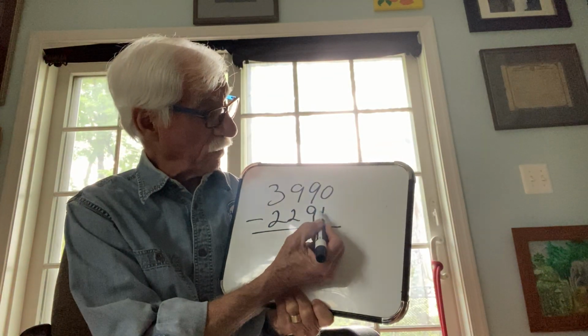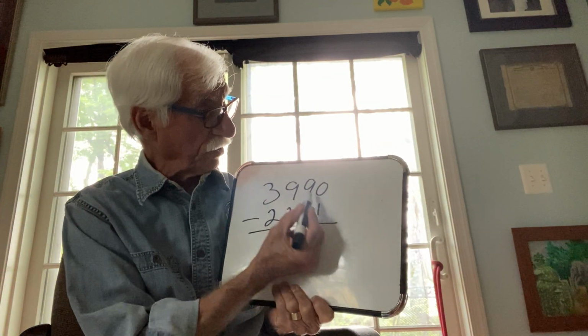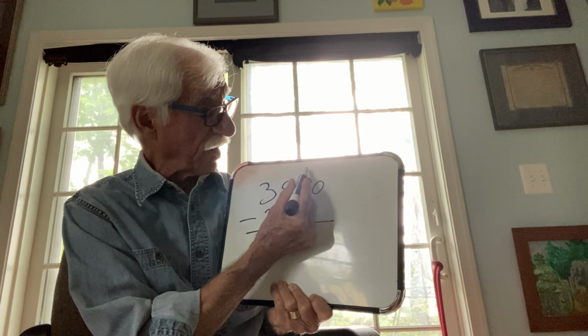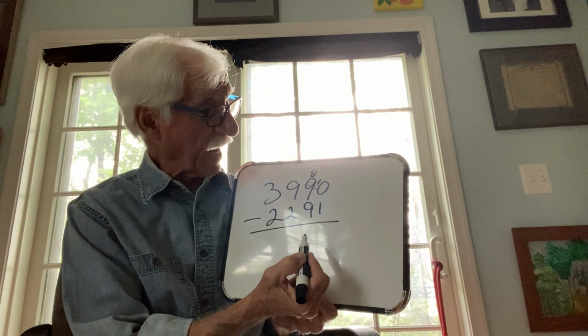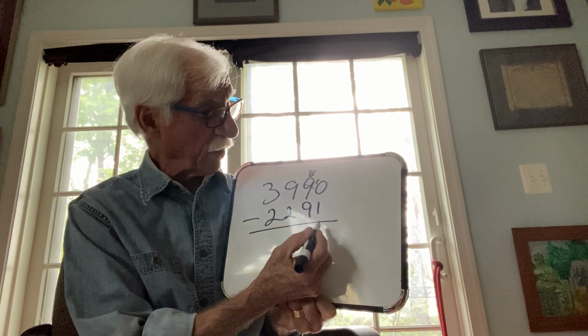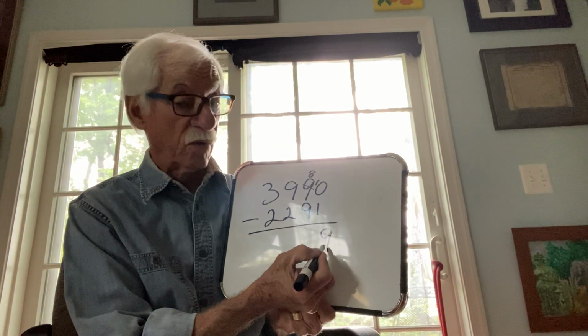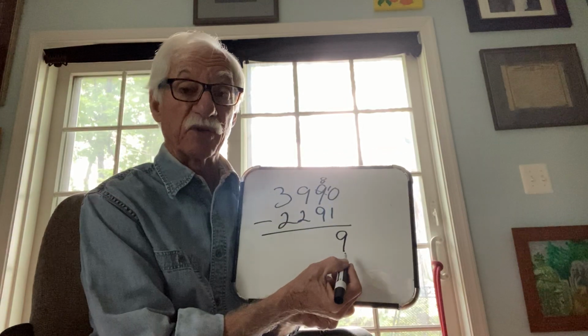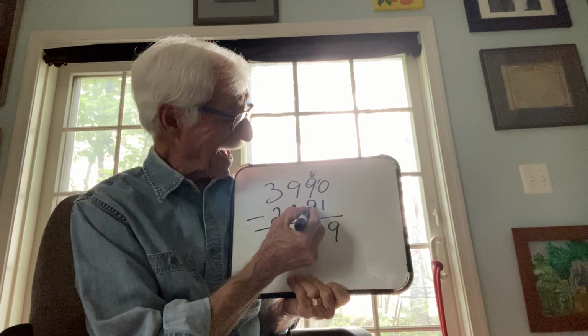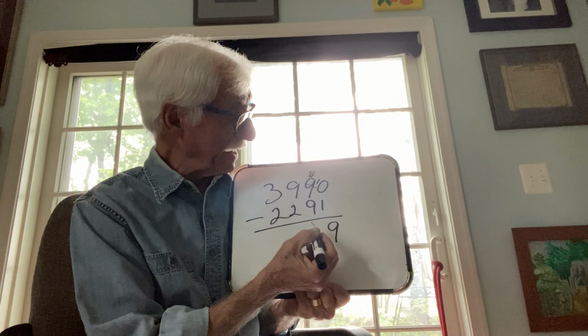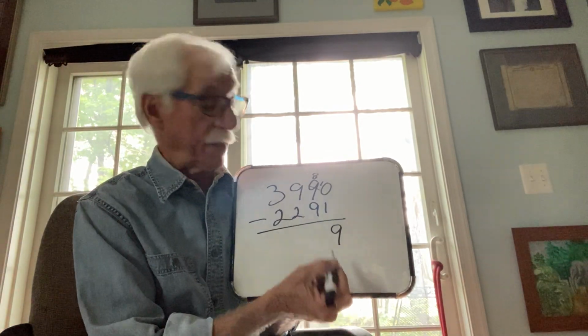Can I take one unit away from 0 units? No, but I can get some units right here. This 9 tens becomes 8, and the 10 units, take away 1 gives me 9. But now I've created a problem for myself, haven't I? Now I have to take 9 tens away from 8 tens, and I cannot do that.